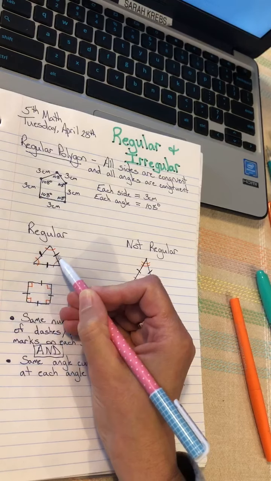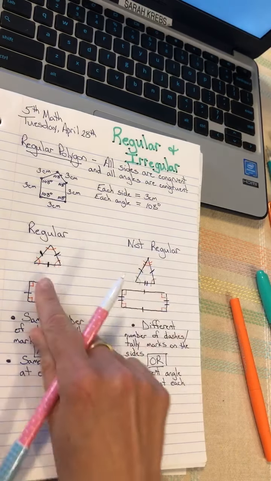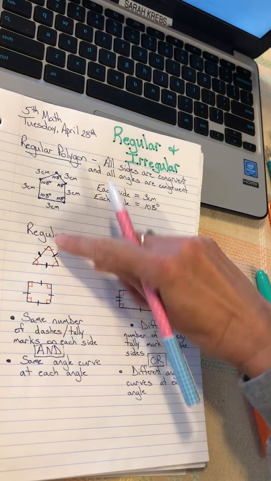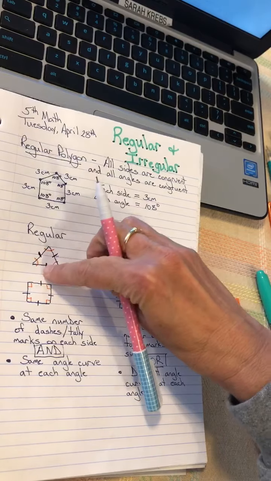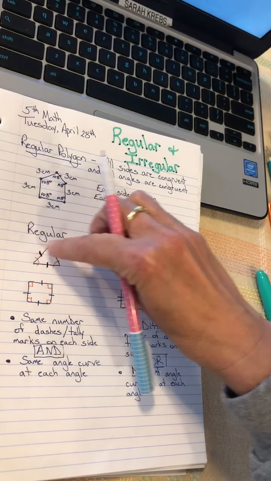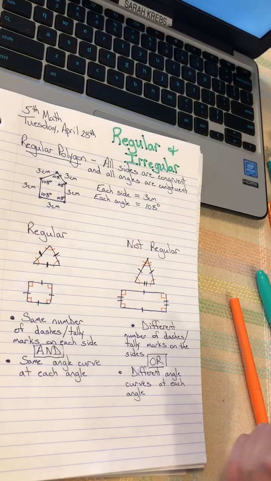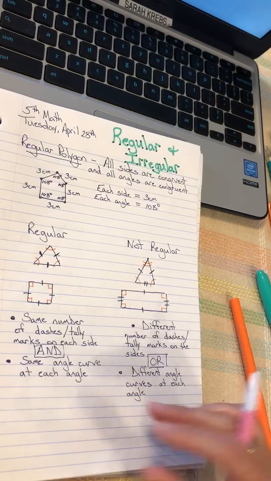See how each side of the triangle has the same amount: 1 dark mark, 1 dark mark, and another one. That is how geometry people tell you that all 3 sides are congruent, without writing numbers.